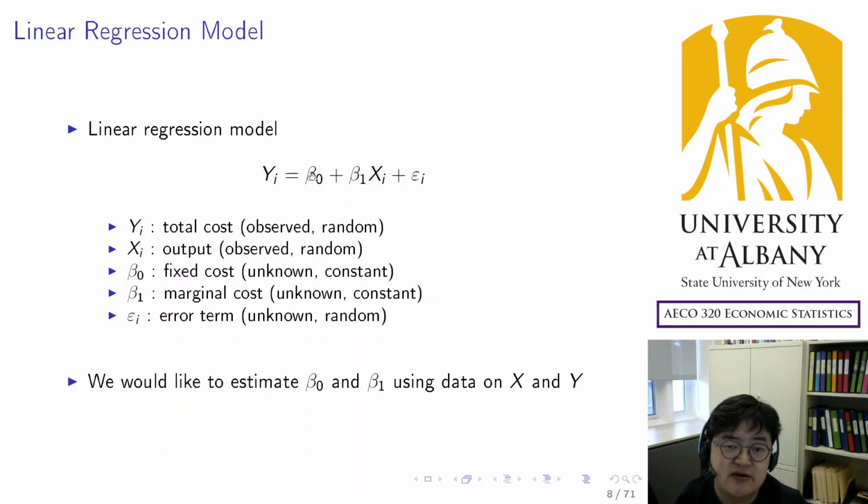Beta 0 is the fixed cost. So the total cost is fixed cost plus marginal cost times how much you produce. Beta 0 is the fixed cost, and beta 1 is the marginal cost. When you produce 1 more unit, the total cost increases by beta 1. And regardless of your production amount, you need to spend beta 0. That is the fixed cost.